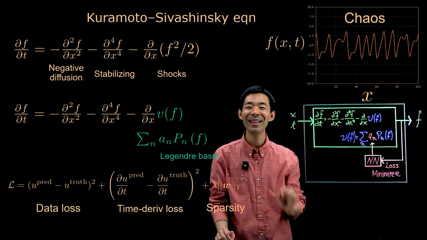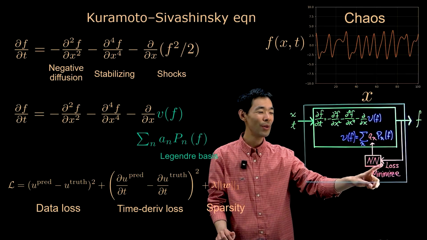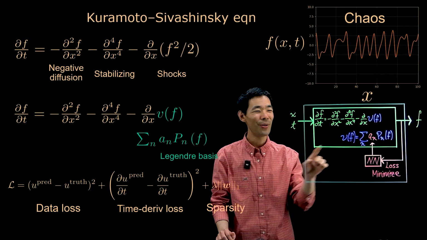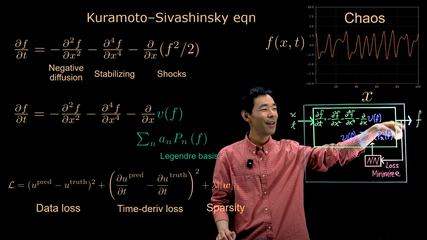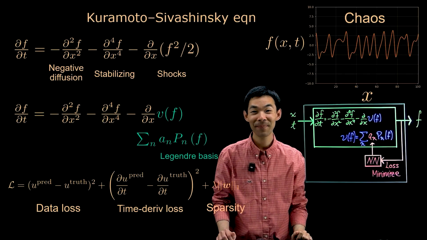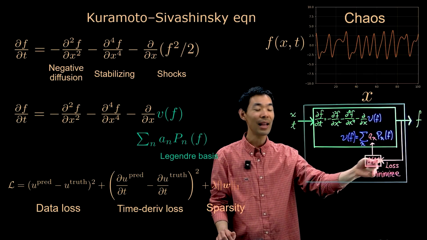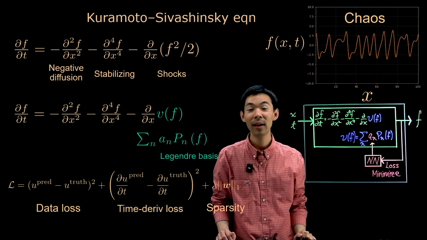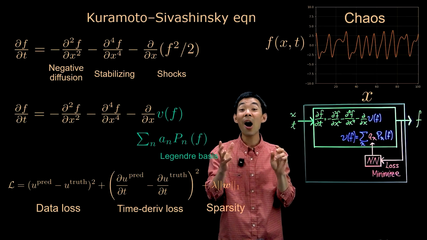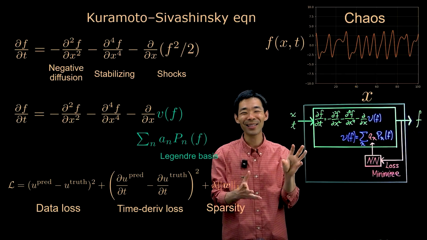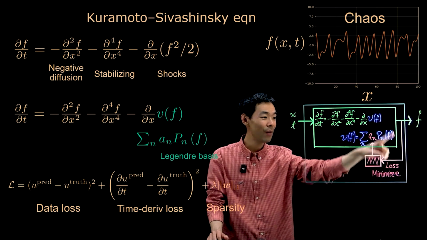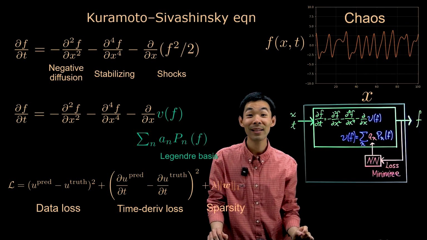So once again, in this particular case, what we're doing is we're taking the predicted value of the function f, and it's spitting out the weights, A sub n, and that's what the black box is doing. Notice that once again, it all comes down to the creativity of how you're using the black box element. In this particular case, the black box is just mapping from function to the Fourier weights A sub n.